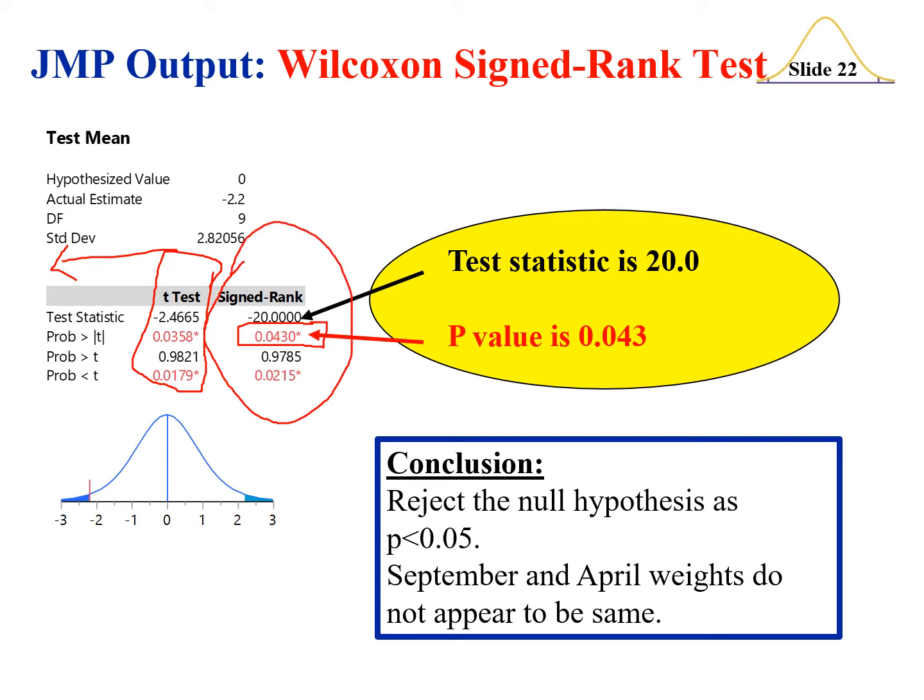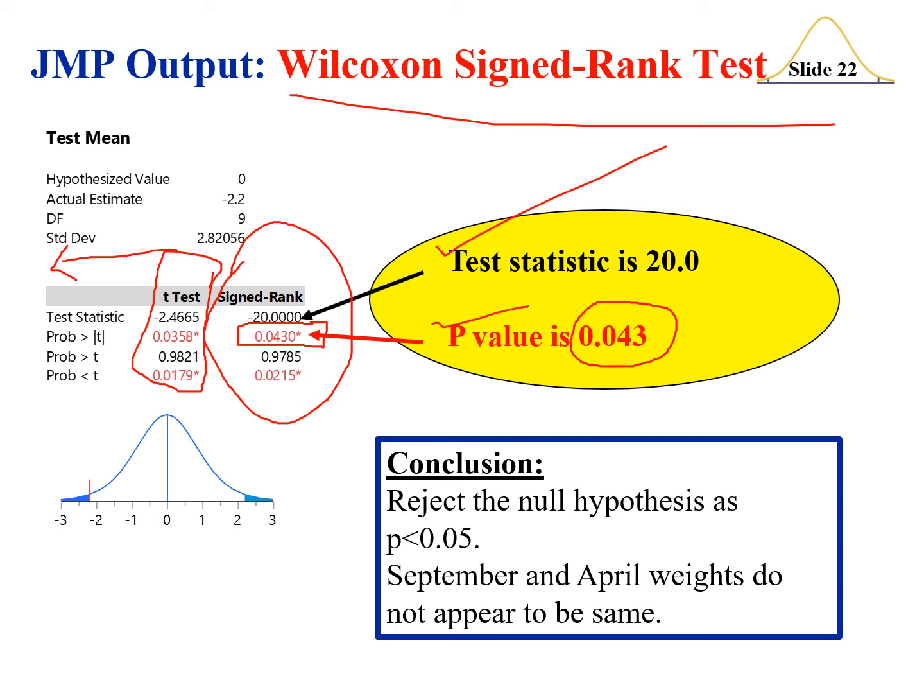This is the outcome. The second value is the p-value of the Wilcoxon signed rank test. The p-value is calculated to be 0.043. The first value, don't care much about it, is the test statistic.